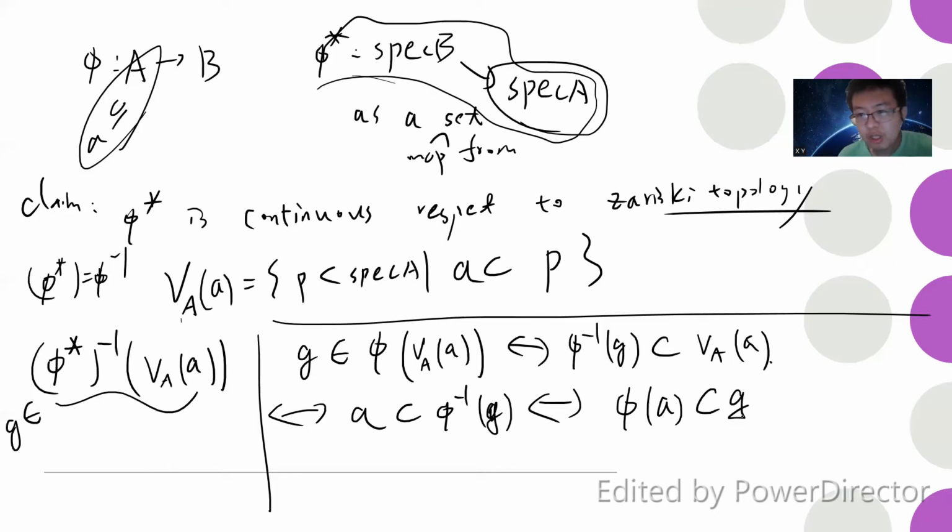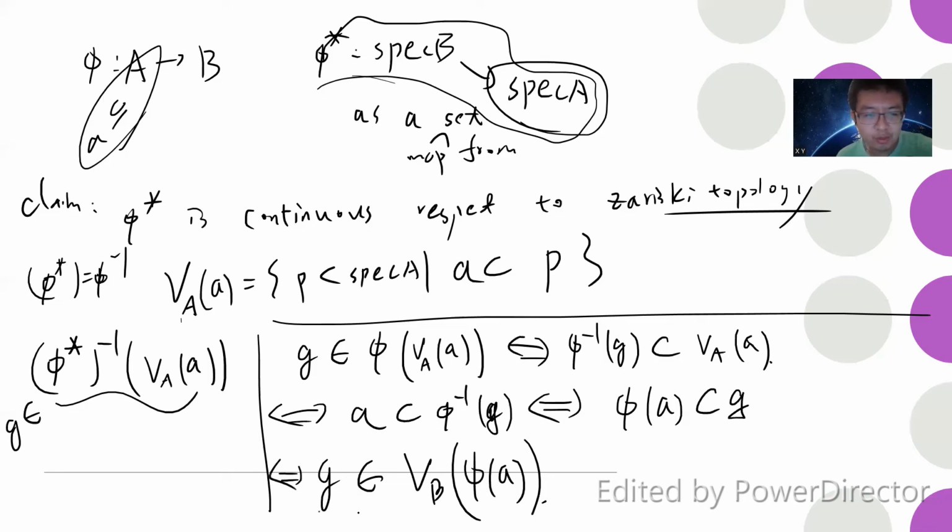So this tells you that Q contains phi of A, which means that Q belongs to the vanishing set in B of phi of A. You can check that all these steps are if and only if.